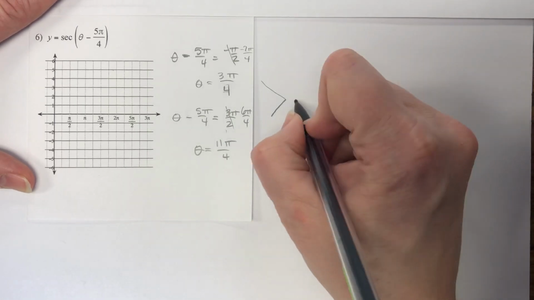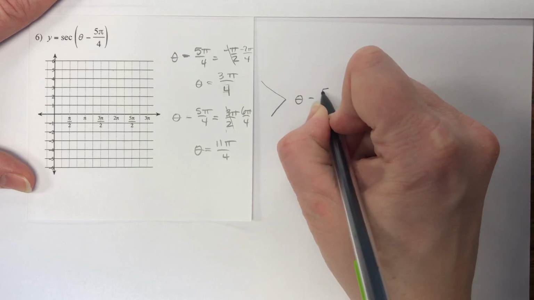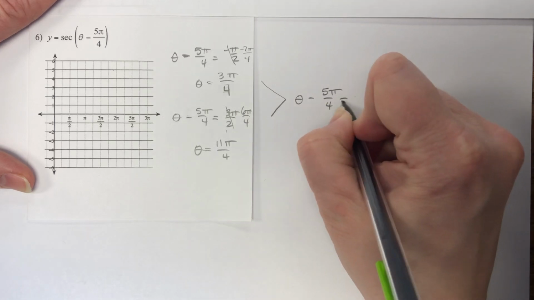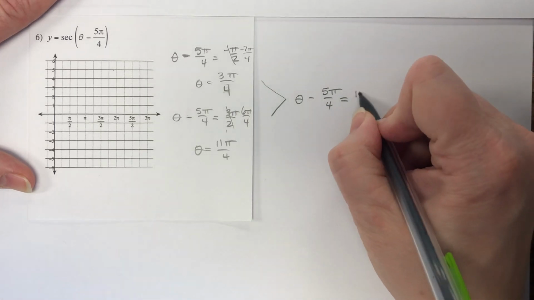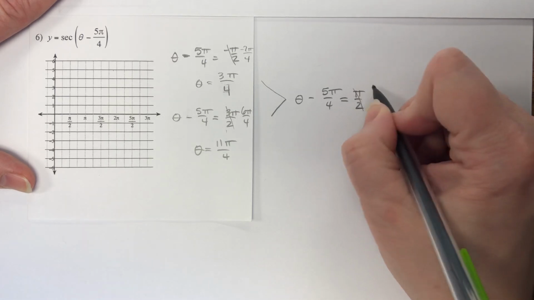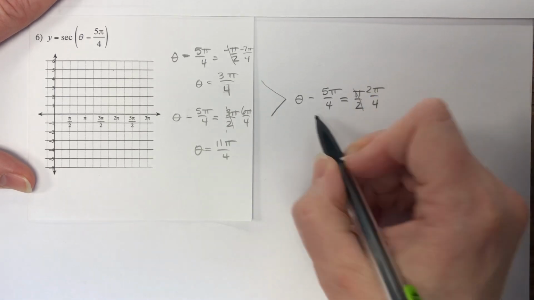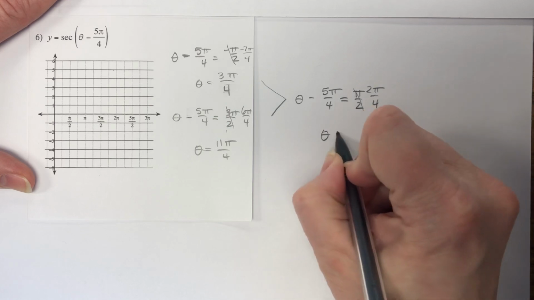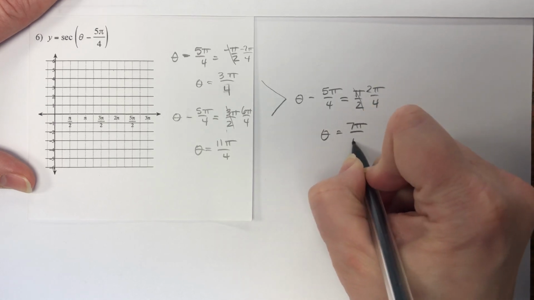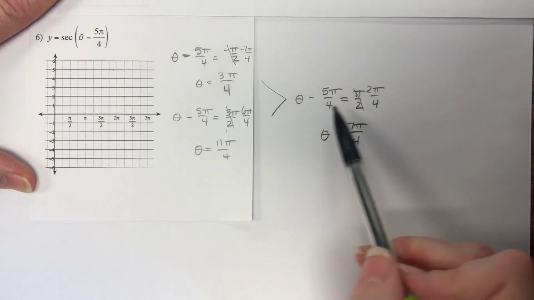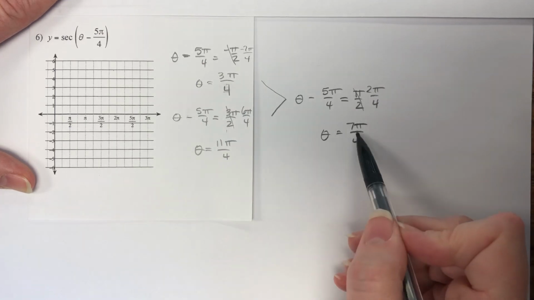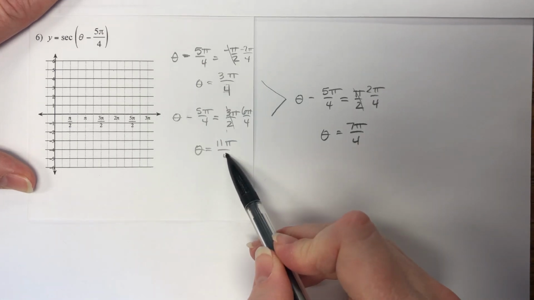So if I wanted to, I can take theta minus 5 pi fourths equals pi halves. This is again 2 pi fourths. So when I add that, I get 7 pi fourths. So those are going to be my beginning of my period, middle of my period, and end of my period.